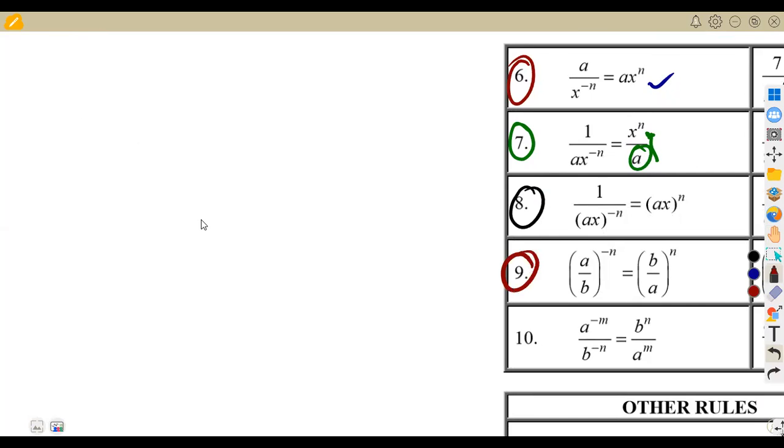Okay? Number 9, a over b raised to the exponent of a negative. We saw that condition in our previous class, but it was a positive exponent. Let me put it this way before I explain this. We said a over b like this, when raised to the exponent of n, it means every term must be raised to the exponent of n, which is b to the exponent of n also.